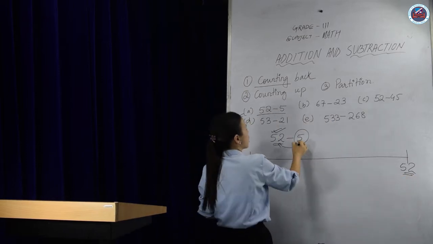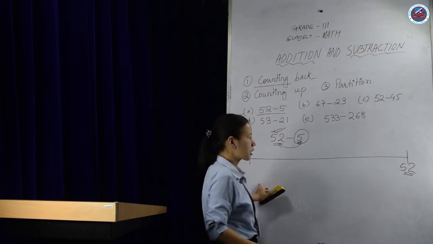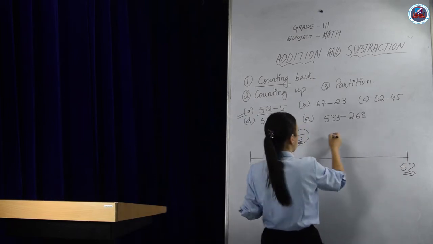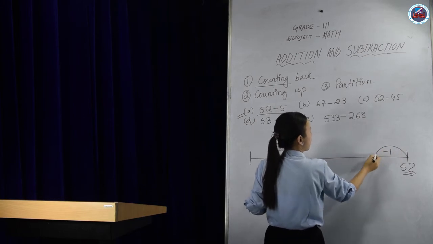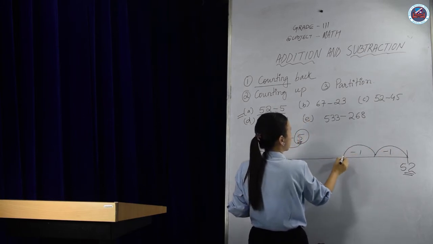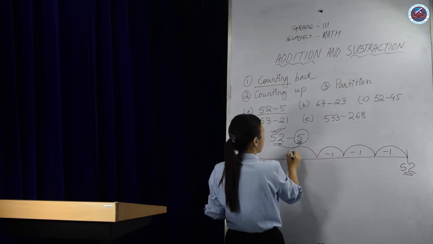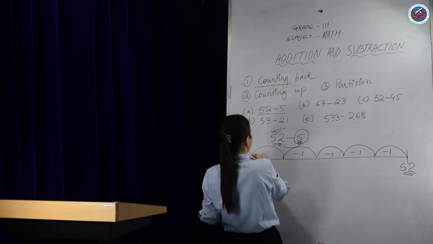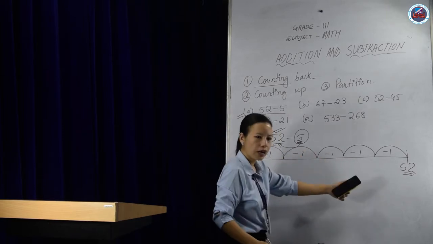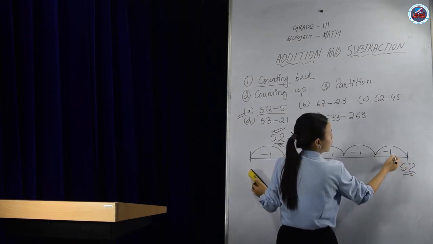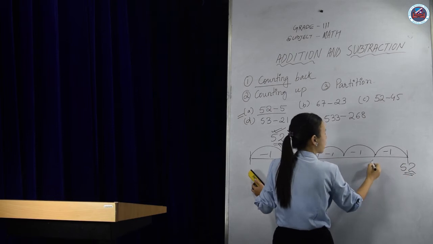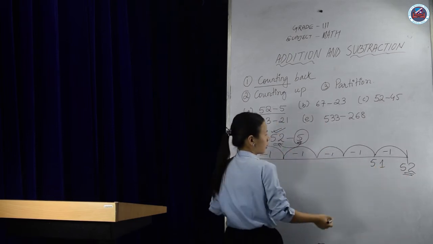Now here, this 5 is in the ones, so we're going to count back in ones 5 times. That is 1, 2, 3, 4, and 5. So we're going to count from the back. 52 minus 1, you count back, that becomes 51.